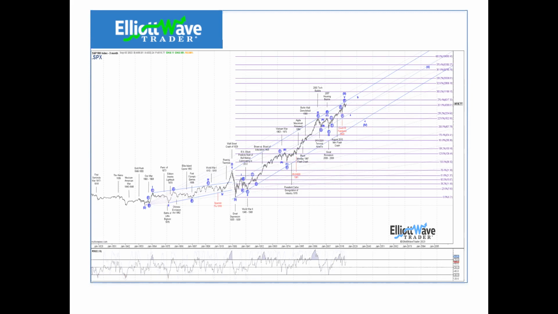Well, after you have a 1-2, you're looking for your large degree wave 3. The top of the chart is where we're now topping out in our large degree wave 3. Yes, that means that once we complete this wave 3, we will likely begin a wave 4 that is of the same wave degree as the 29 crash, which ushered in the Great Depression.